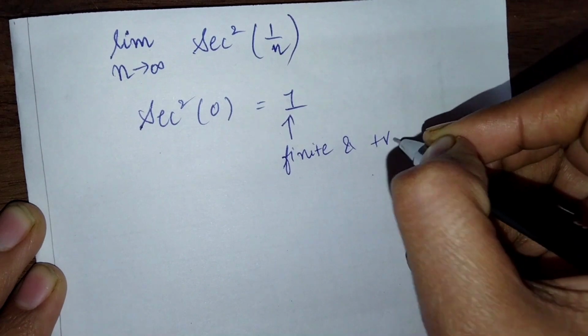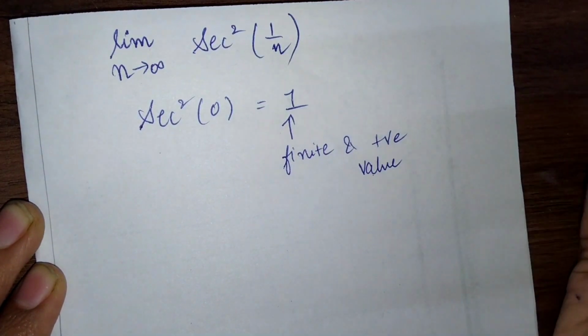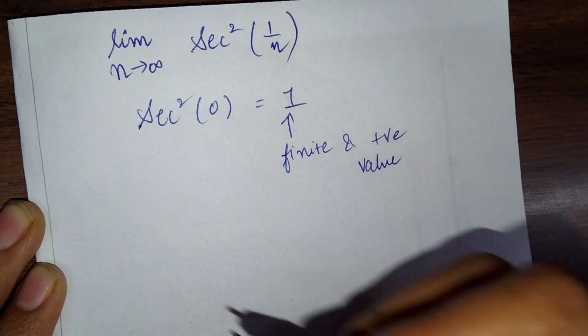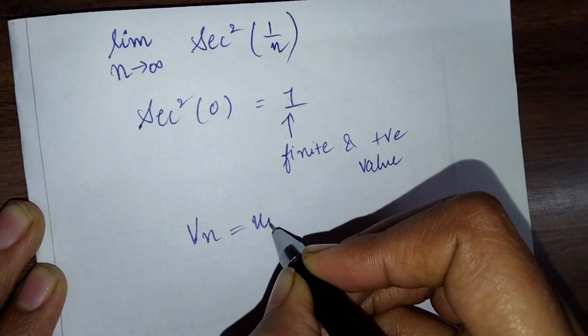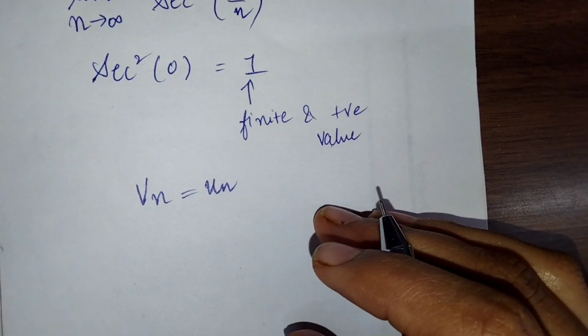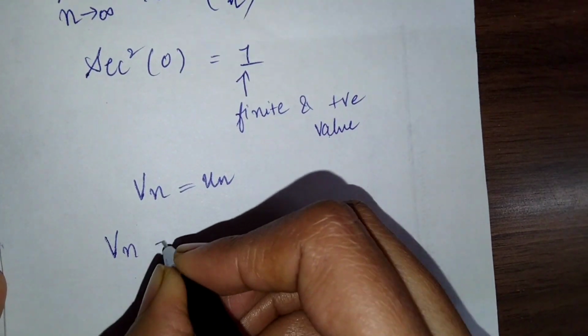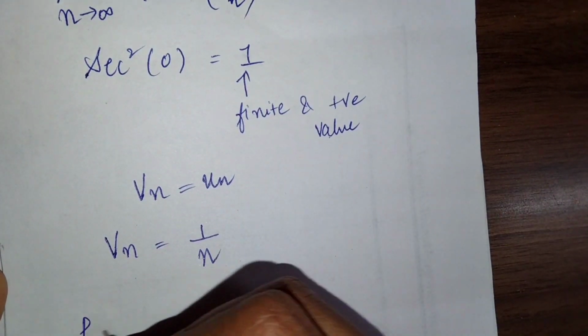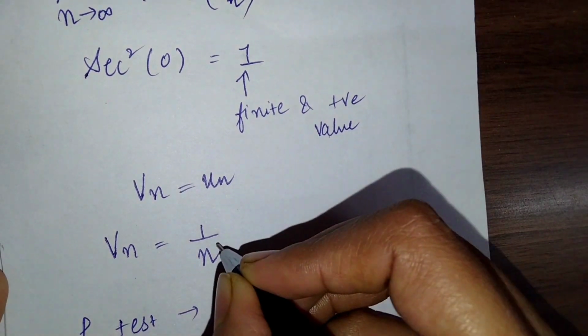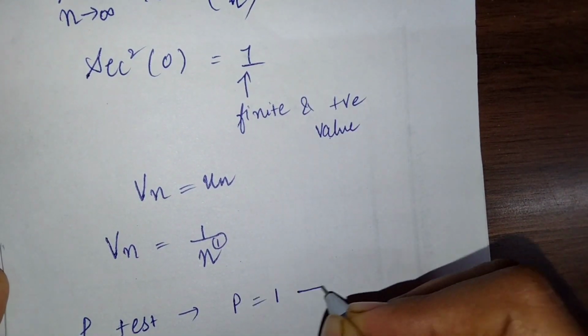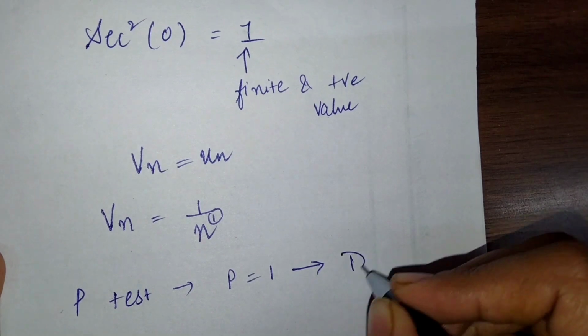And as we got a finite and positive value, according to the comparison test, Vn and Un behave the same. So what was our Vn? Our Vn was 1 by n. And according to the p test, we can say that our p is 1, and whenever p is equal to 1, the answer is divergent.